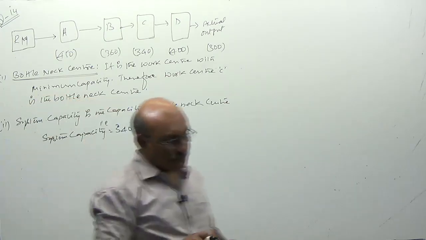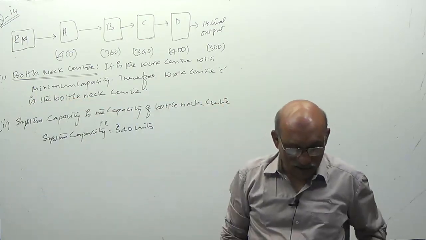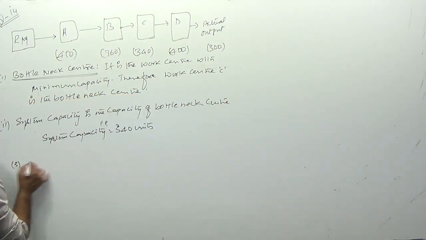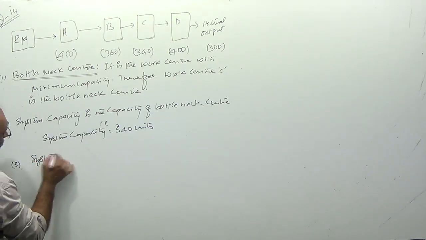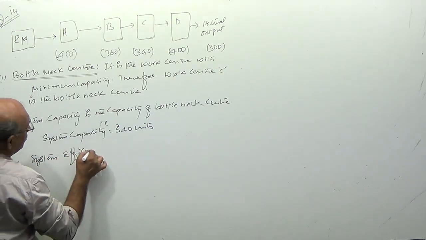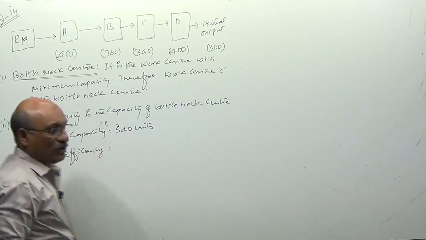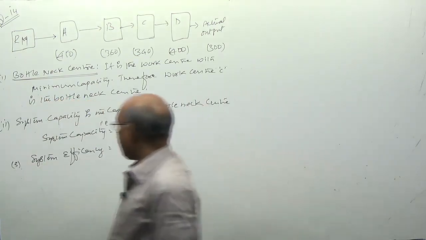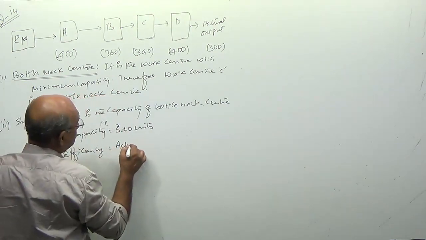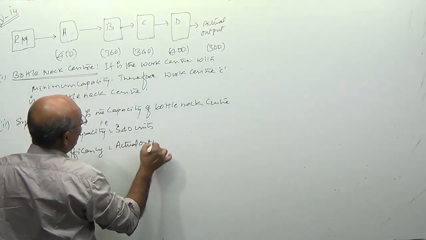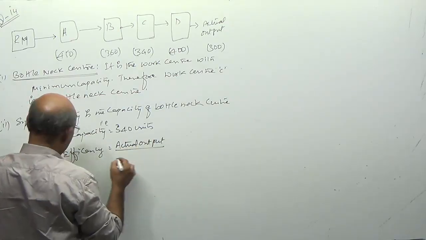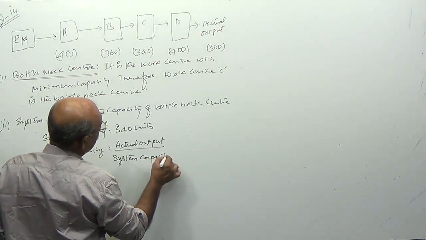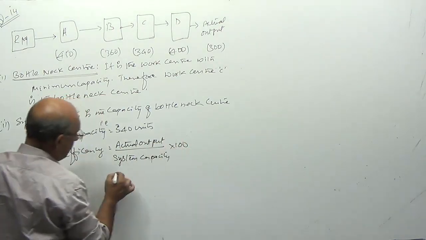Next, what is the system efficiency? System efficiency is equal to actual output divided by system capacity into 100.